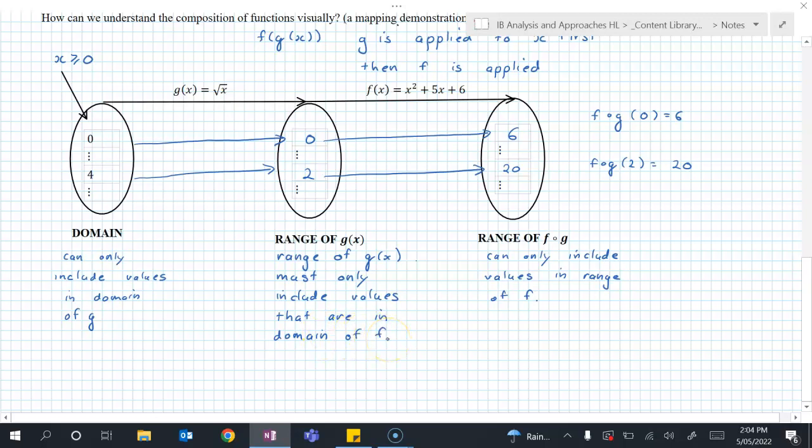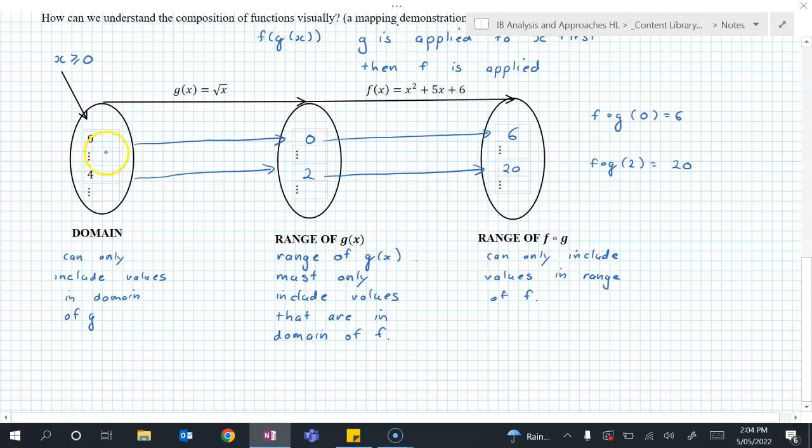You see, if I get a value out of g of x, and it's not going to give us a y value when we plug it into f of x, well, that's not a function. Remember, for a function, every x value we put in has to have an associated y value that comes out.